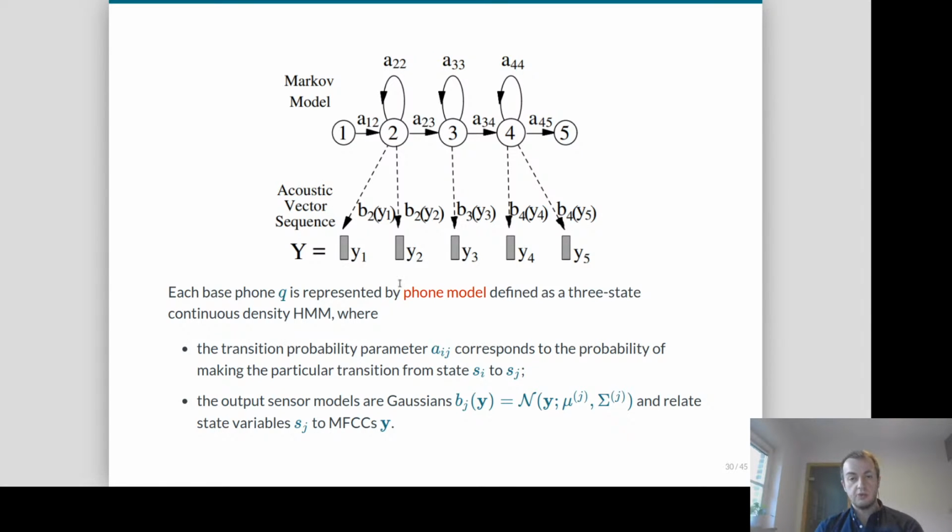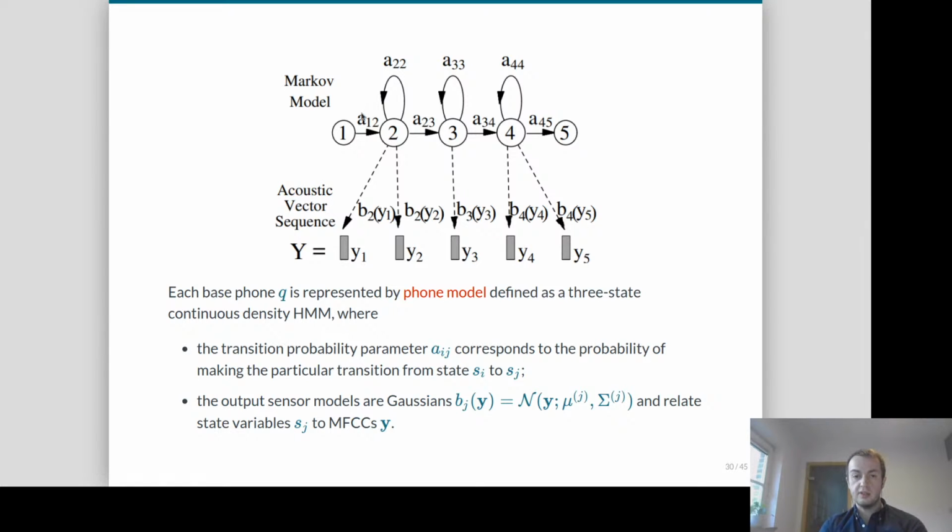And so what we'll do is say that each base phone Q is itself represented by a phone model, defined as a 3-state continuous density hidden Markov model. This would be a phone model for one of these particular sounds, right?